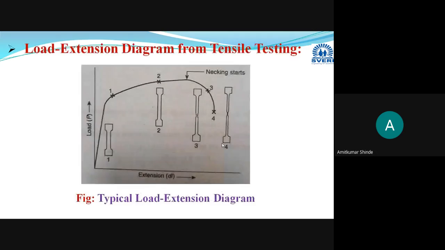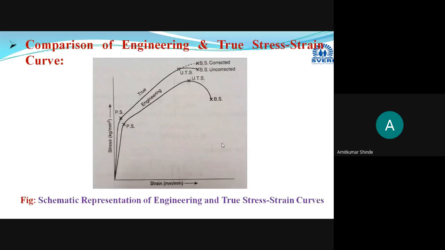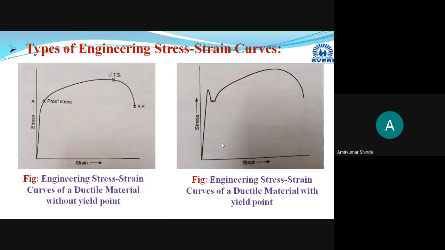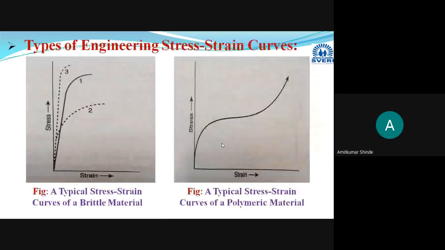And then what will be the outputs obtained. It may be a load extension curve or stress strain diagram. Then different types of stress strain diagrams for different kinds of materials. For ductile material, a different stress strain diagram will be there. And for brittle material, a different stress strain diagram will be there. And for plastic materials, a different diagram will be there, that we are going to discuss in brief.